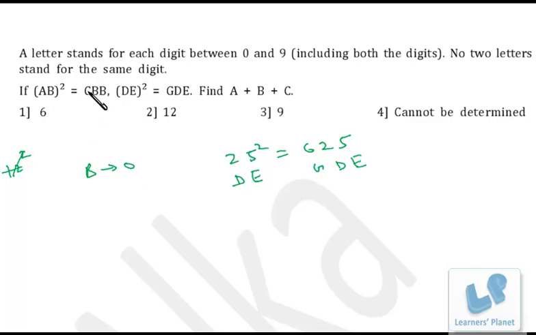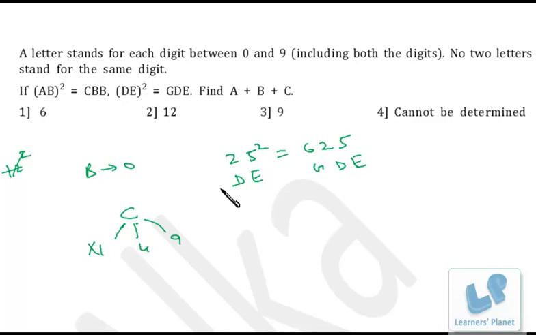Now friends, obviously C should be a perfect square number, isn't it? So we have three options for C, that is 1, 4 and 9. Now C cannot be 1 because if C is 1, that means A has to be 1. But no two letters stand for the same digit. So it's cancelled. Now C cannot be 4 because if C is 4, A will be 2.